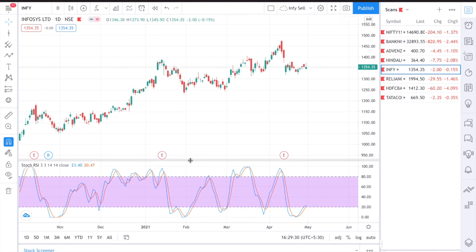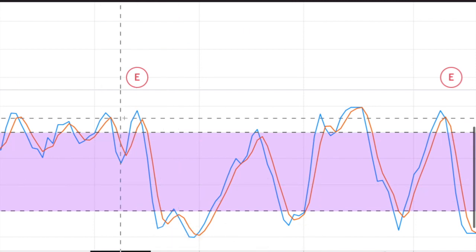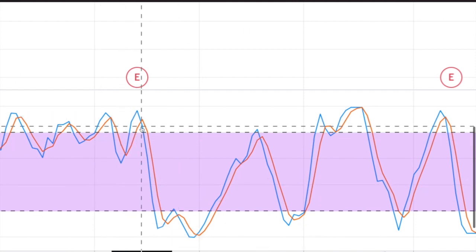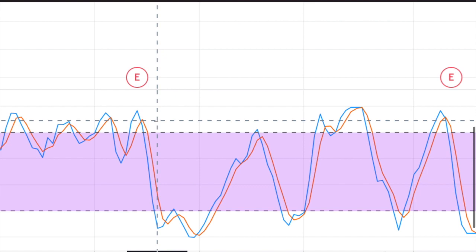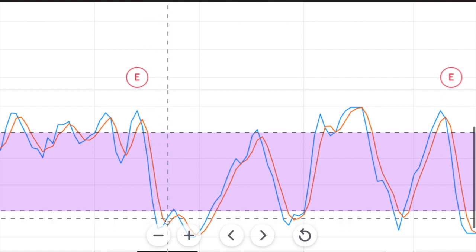Okay, and we have some important thing in stochastic RSI that gives you a very good signal. Okay, so what is that? So if you zoom in, you have this red line and the blue line, right? So when the blue line crosses this red line downwards, that means it is a sell signal. Okay, similarly when the blue line crosses it upward, it's a buy signal.